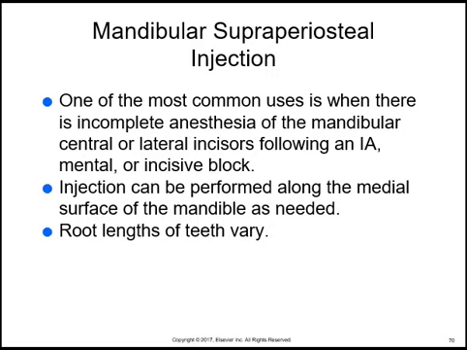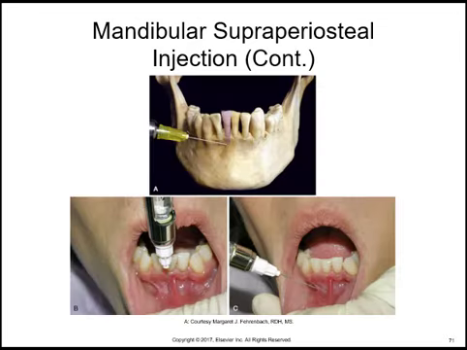Table 13-14 in your book discusses mandibular teeth and average root lengths. This next figure is going to show the mandibular supraperiosteal injection, the target area. This one here shows the target area and distribution for the mandibular supraperiosteal injection. This shows the vertical approach and this shows the horizontal approach.